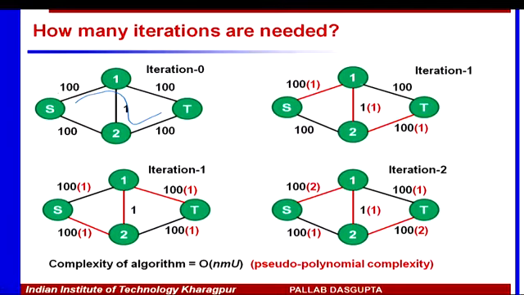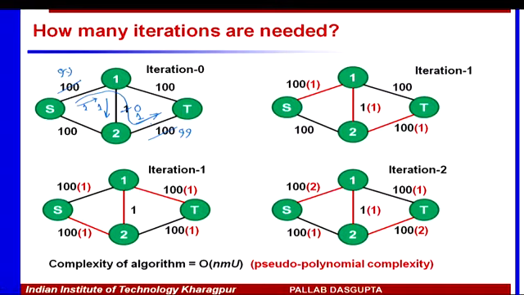So the residual capacities will then become what? This will become 99. This will become 0. This will become 99. Right? And the flow directions are this. There is 1 unit flow in this, 1 unit flow in this, and 1 unit flow in this.